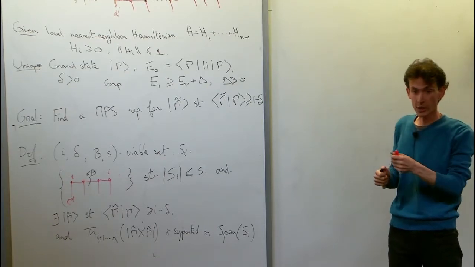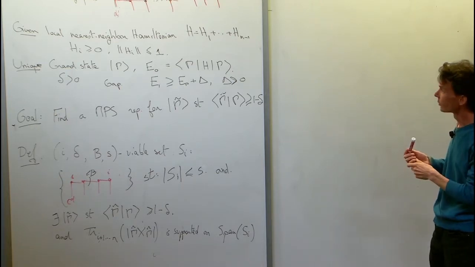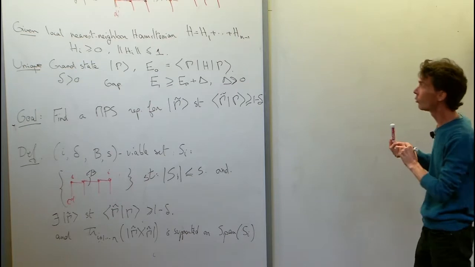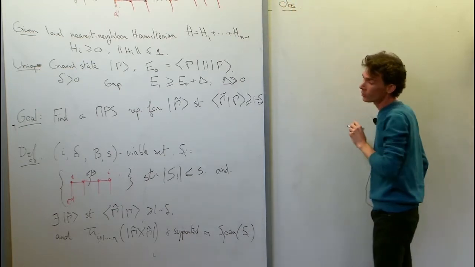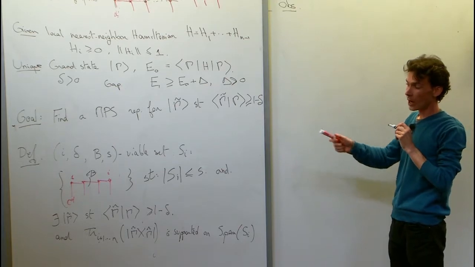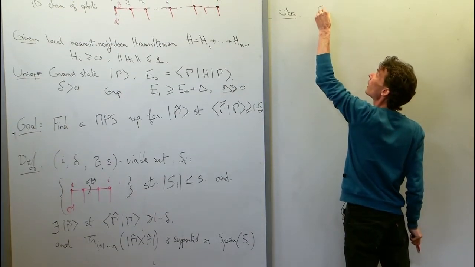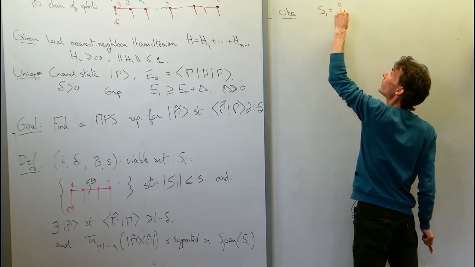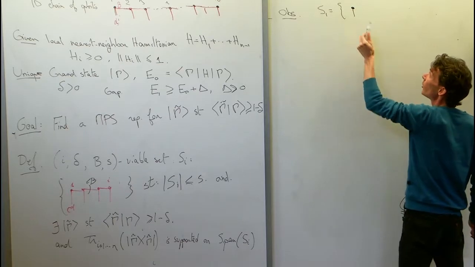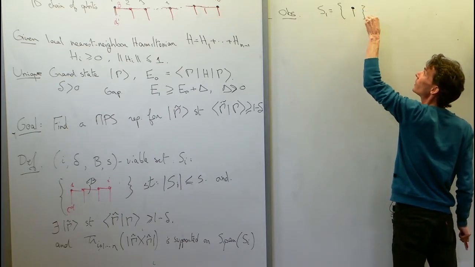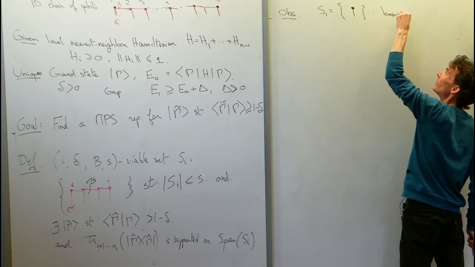I'm going to explain how to go from S_i to S_i plus 1. There's two simple important observations. The first observation is that constructing this for i equals 1 is easy. If I take S_1 to be the set of all vectors, a basis, let's say, I just mean a basis for C^d.